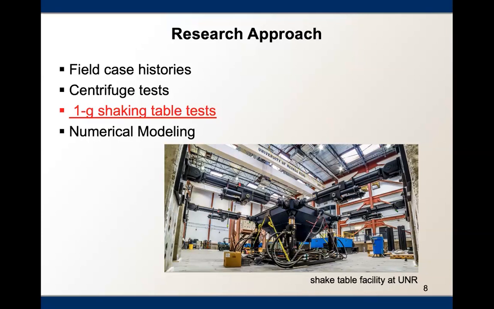A lot of work has been done already using centrifuge tests in this area, as well as 1G shaking table tests and numerical modeling. So having acknowledged all the great work done by researchers in this area, my presentation is focused on using 1G shaking table tests at multiple scales on this topic, and that's simply because of the availability of testing facilities at UNR.